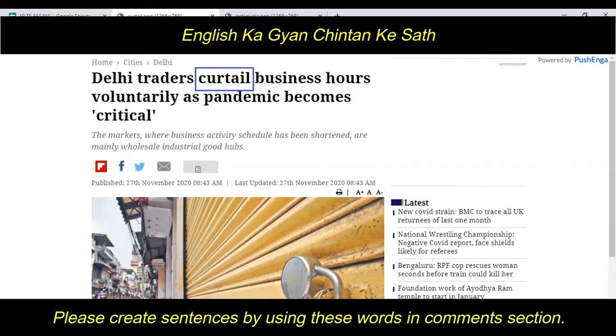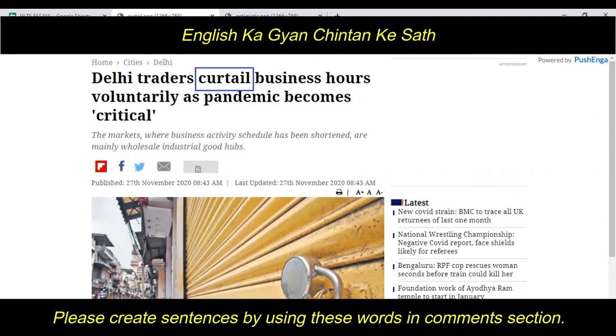So many private companies are also there in the market who are quite supportive as far as employees' health is concerned. They are quite supportive in nature, and because of that they have curtailed the business hours for their employees to work. They have decreased the business hours so that they will get less affected by this disease.